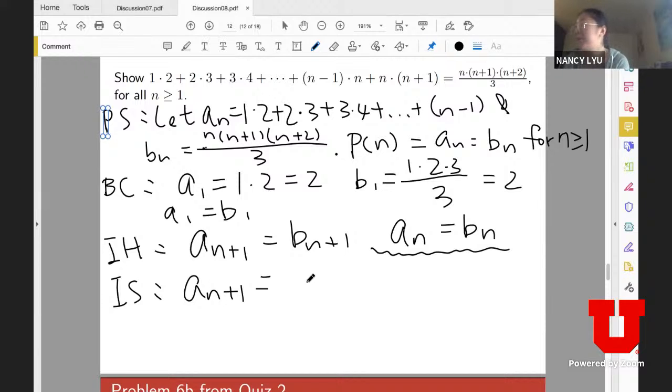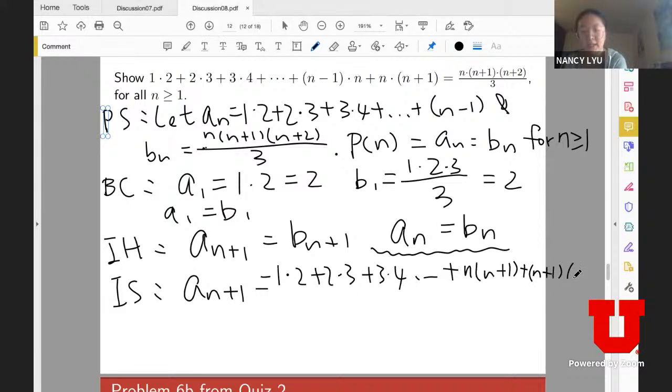By the definition of A_n, A of n plus 1 is just 1 times 2, plus 3 times 4, plus all the way up to n times n plus 1, and plus n plus 1 times n plus 2.